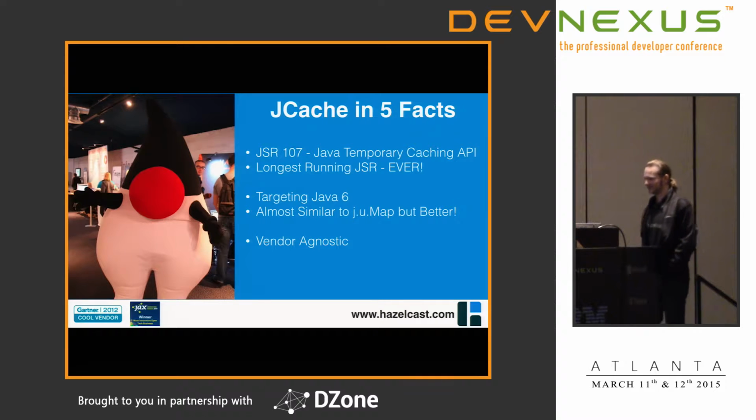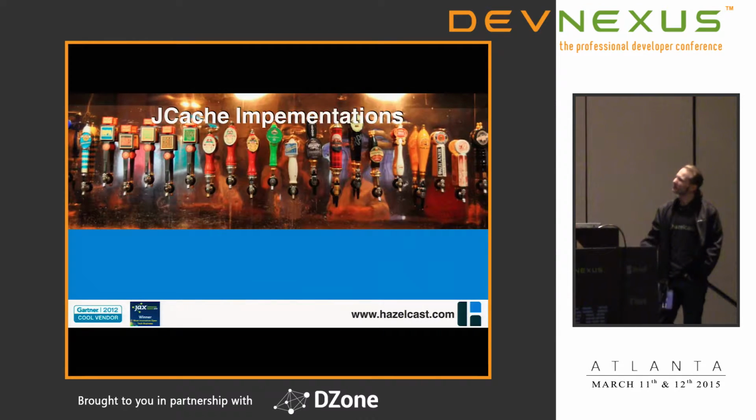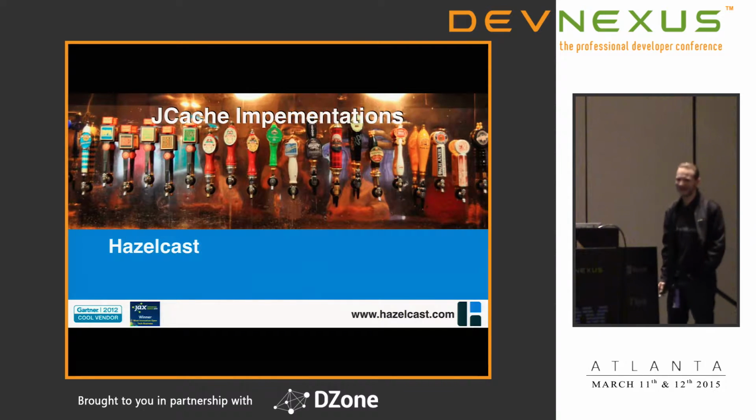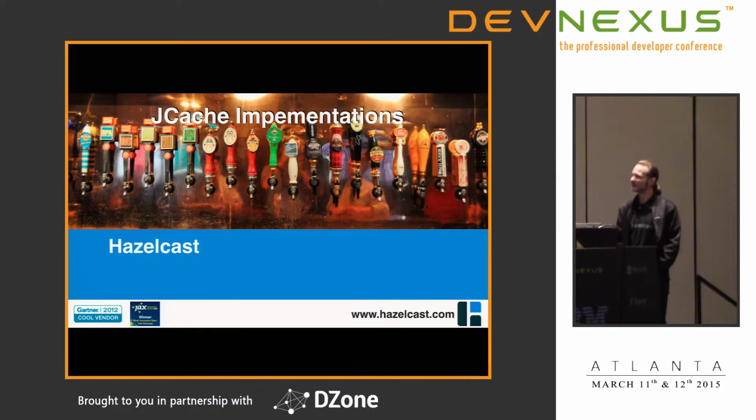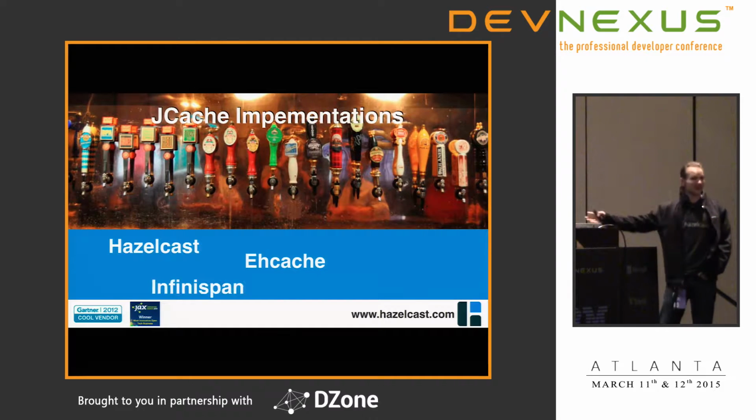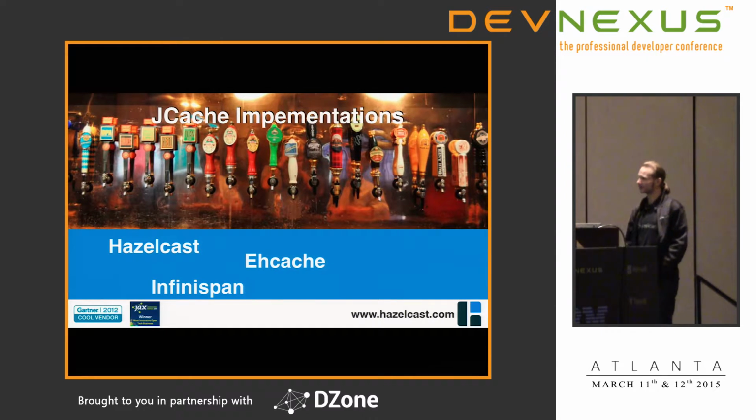So as I said, I'm working for Hazelcast. So there are different implementations. Obviously, the first one for me, it's us. We have 2 members in the expert group, me and Greg Luck. There's EHCache, which most of the people already know. There's Infinispan. Oh, I missed Infinispan in the beginning, right? So Red Hat and Coherence.